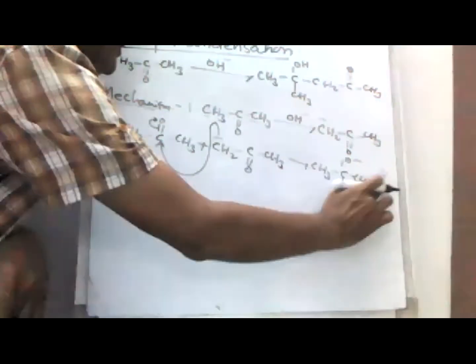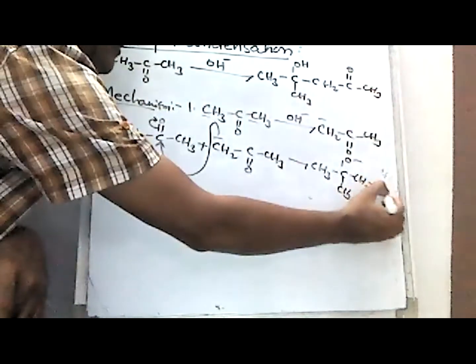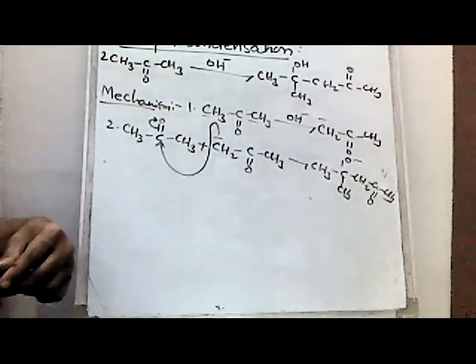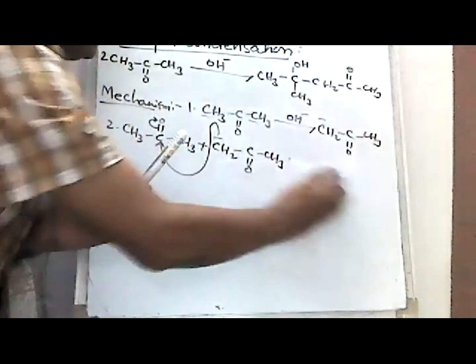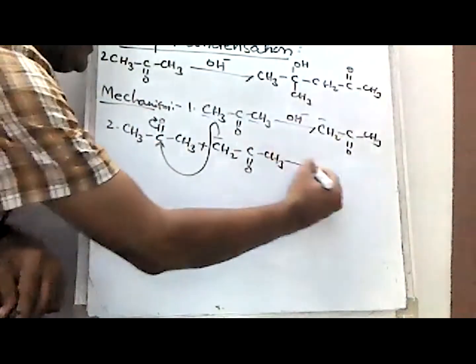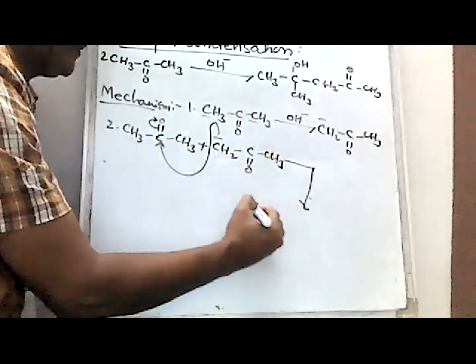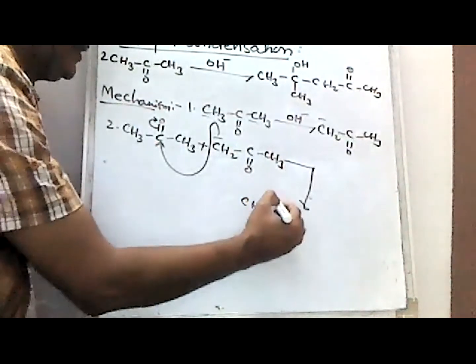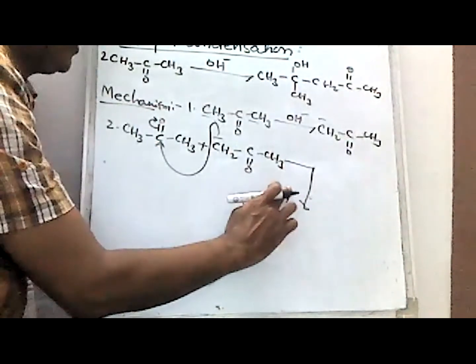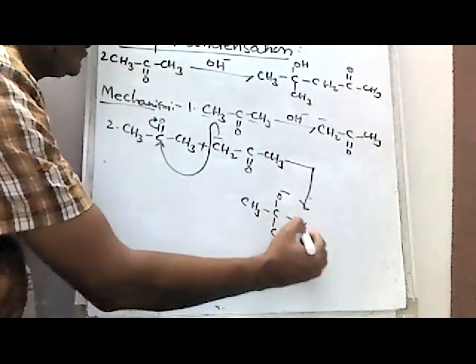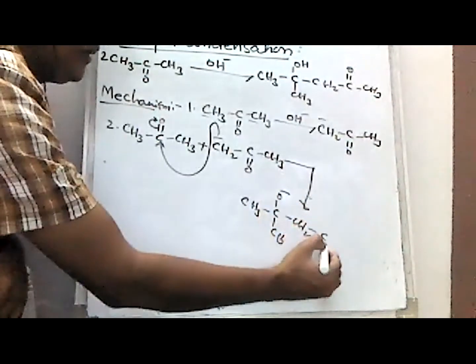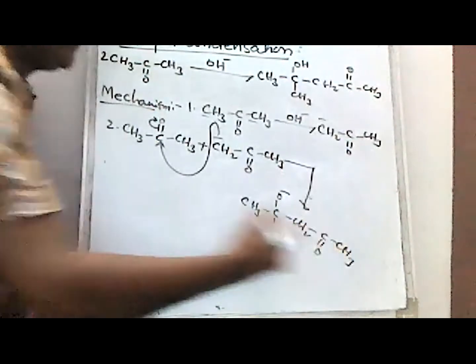CH2, C double bond O, CH. Right? Let me write this one more time. Here CH3, C, O minus, CH3, CH2, C double bond O, CH.